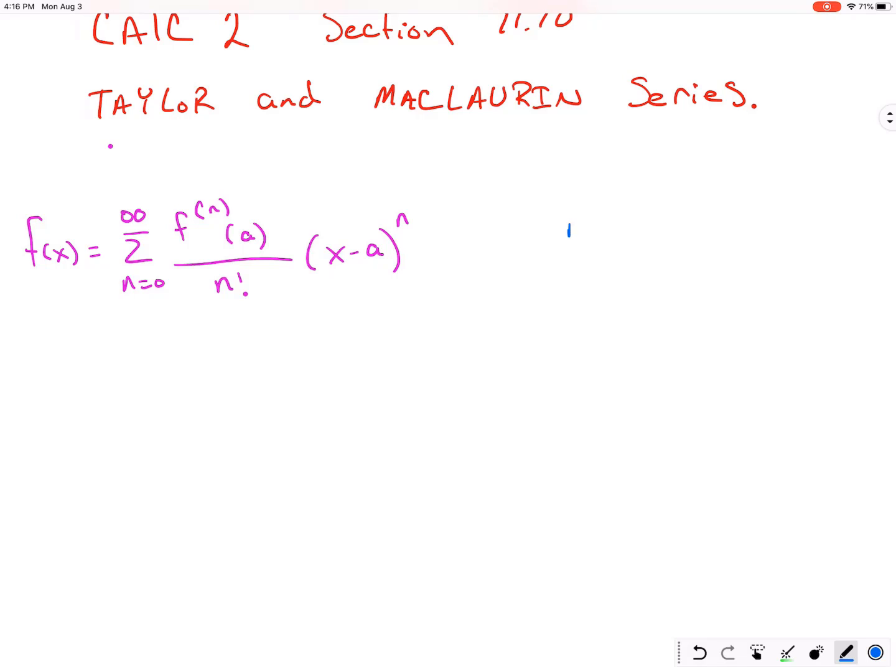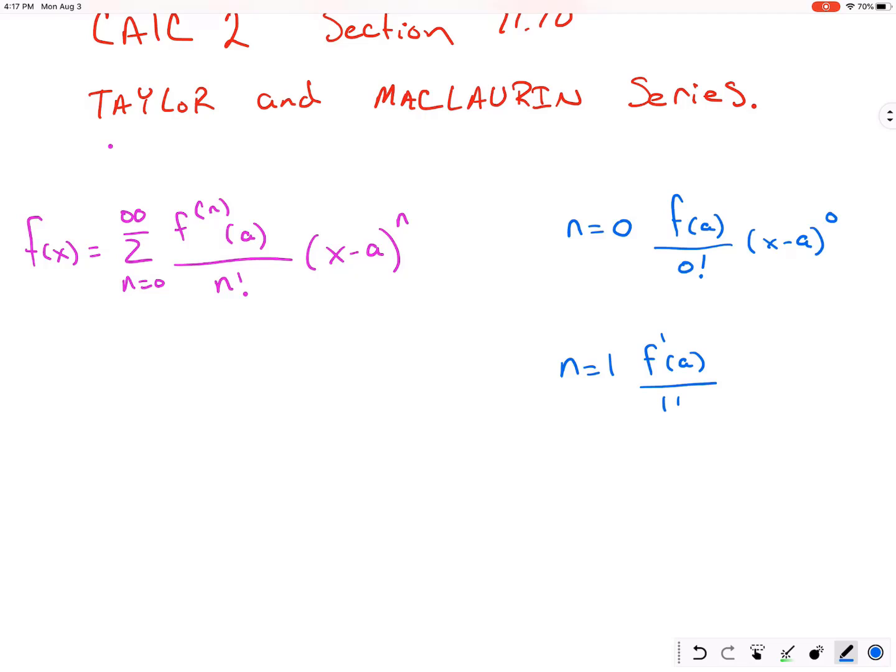So let's write out the first few terms of this summation. When n equals 0, we have the 0th derivative evaluated at a, so we write that as f at a divided by 0 factorial. And then we would multiply that by x minus a raised to the 0.